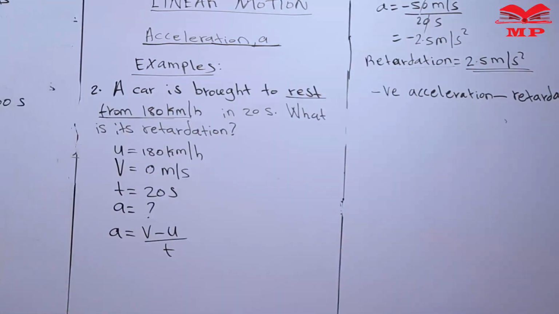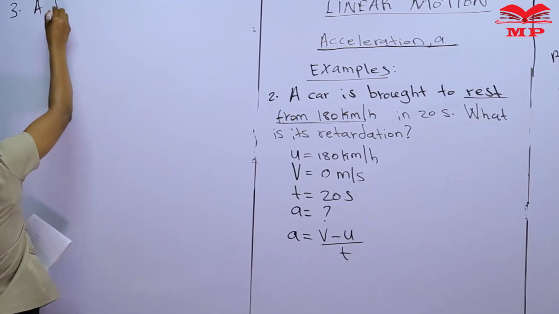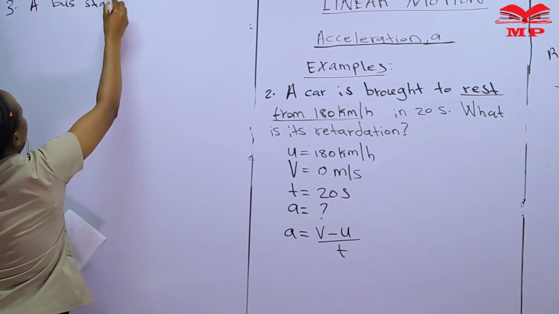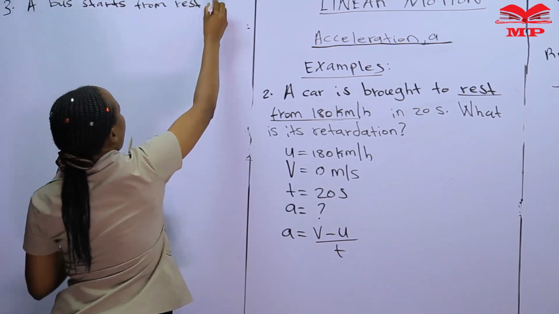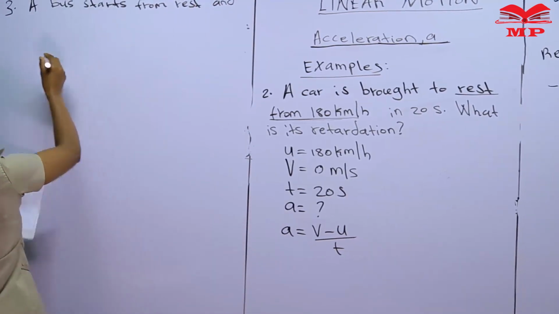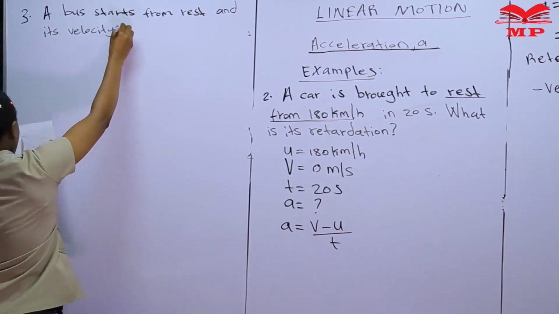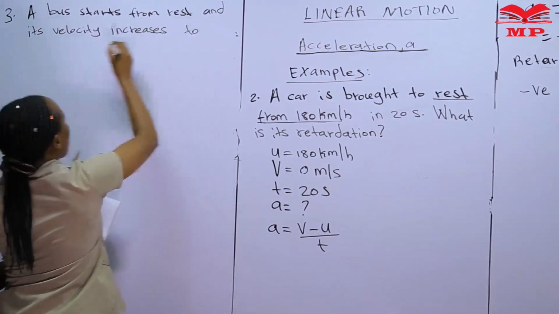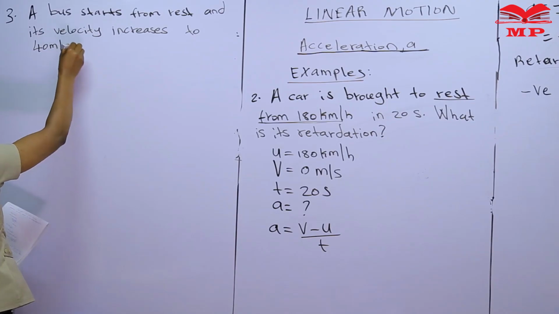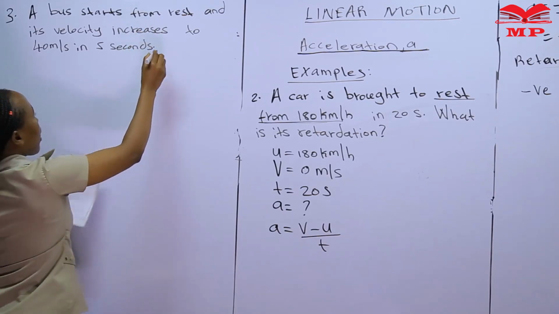Lastly, the last example, question number 3. A bus starts from rest and its velocity increases to 40 meters per second in 5 seconds.